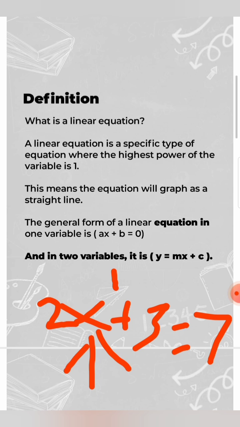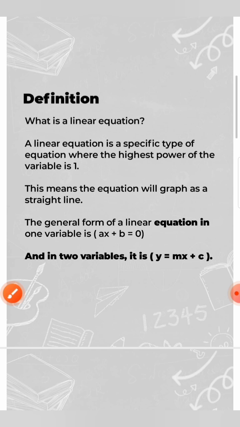But in a quadratic equation, the variable will be raised to the power of 2. When it comes to a linear equation, the variable is only raised to the power of 1, and that is what we refer to as a linear equation.